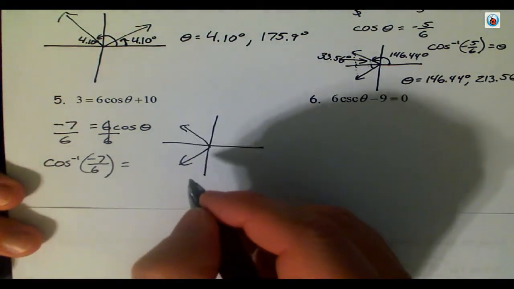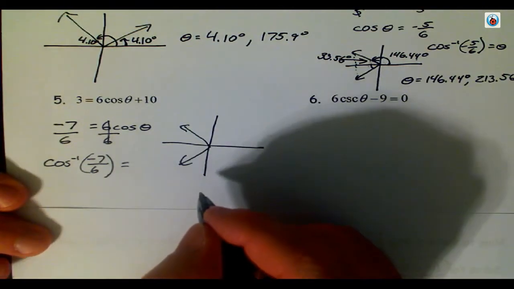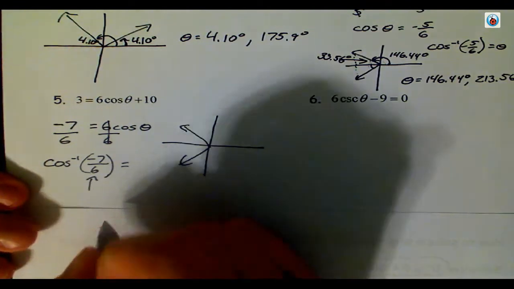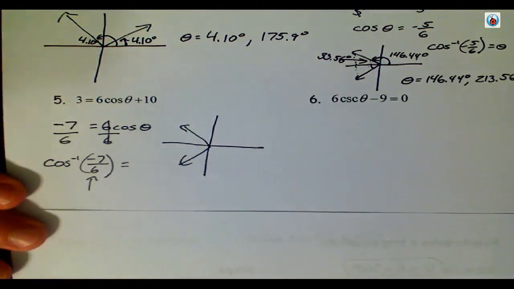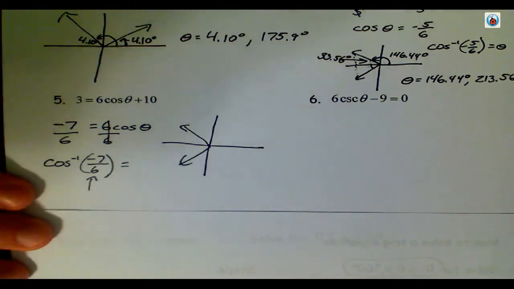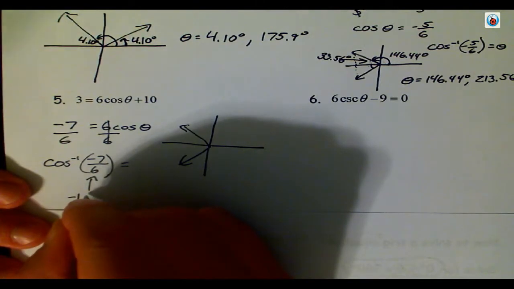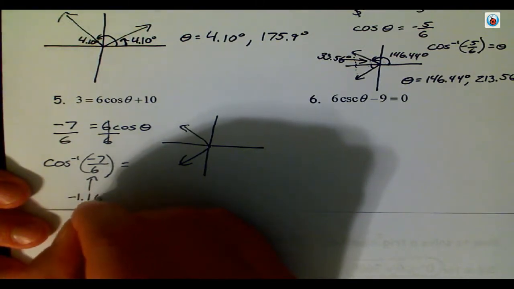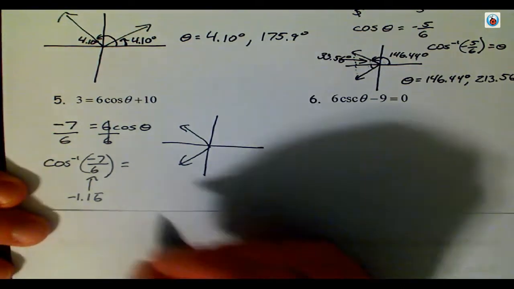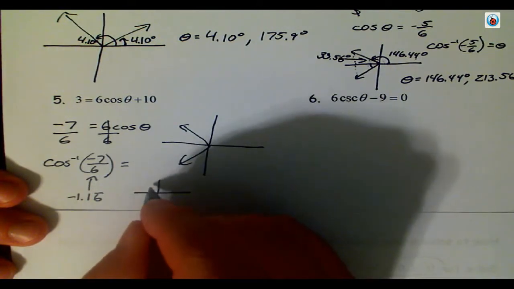equals. Now whenever I plug that into my calculator, you should get an error. You get an error because, what is that actual value? Negative 7 divided by 6 is roughly negative 1.16 repeating. Think about your cosine graph and sine graph.